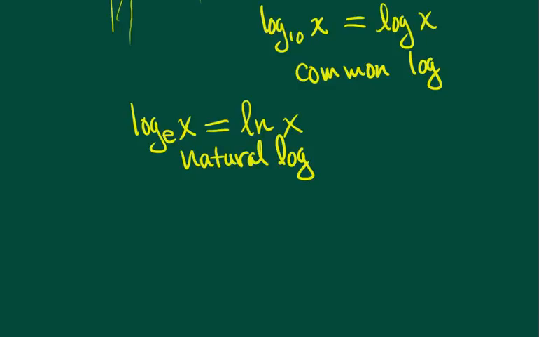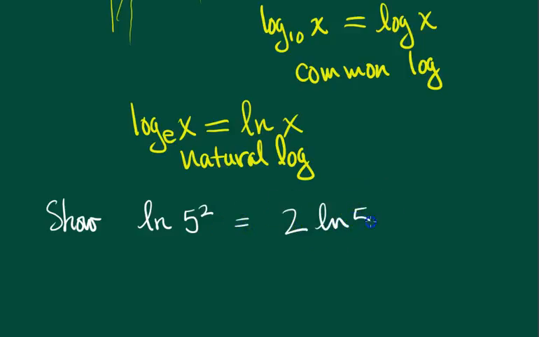Here's the example that we're going to use. I want to show that the log base e, obviously, of 5 squared is equal to 2 times the log of 5. Okay, so now let's bring up the calculator and show that.